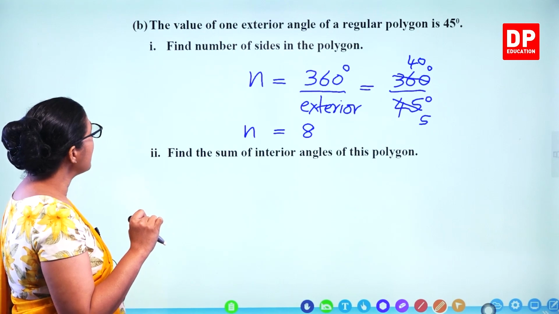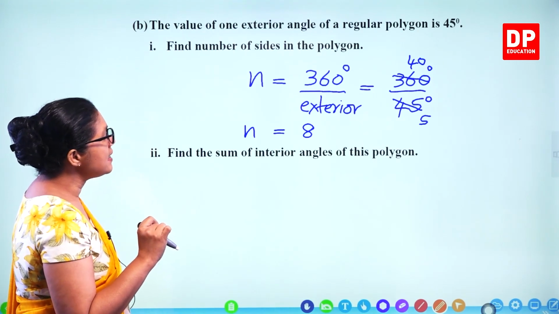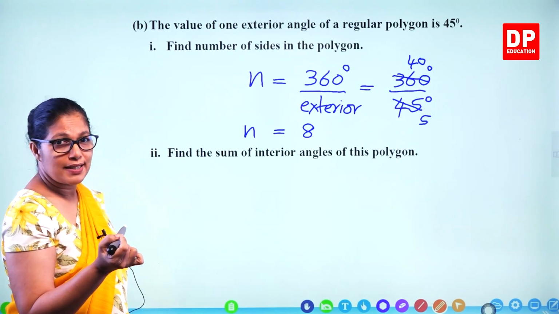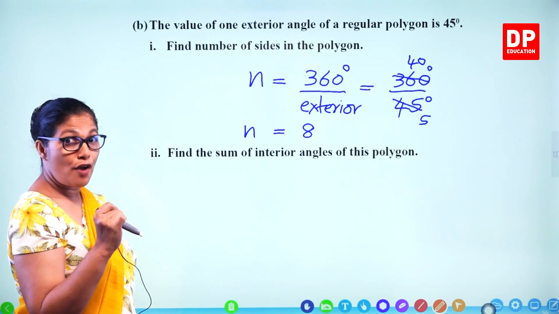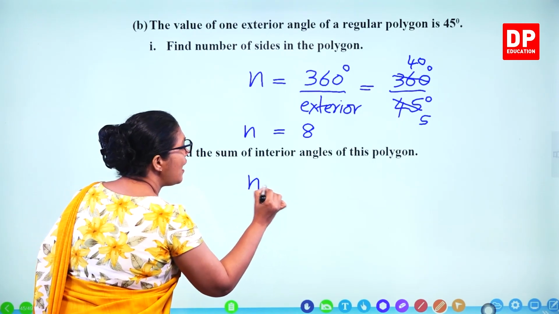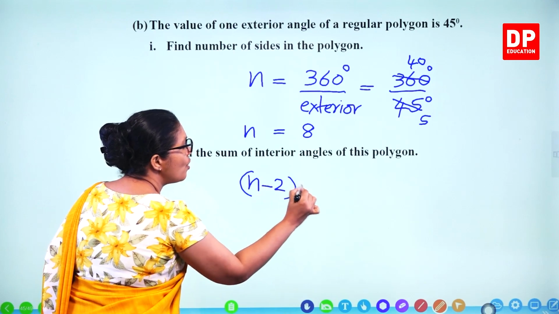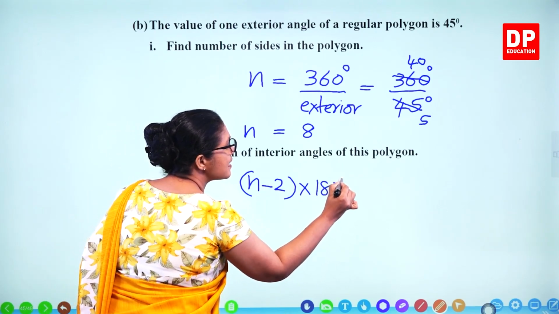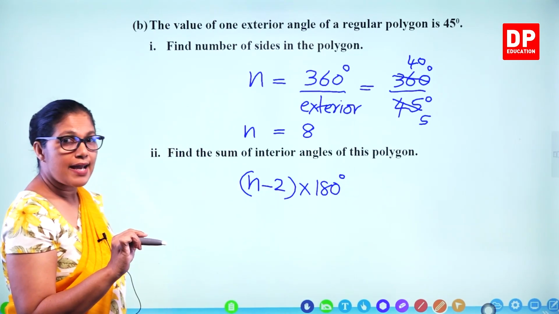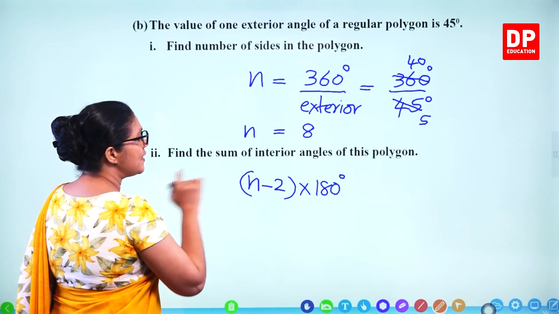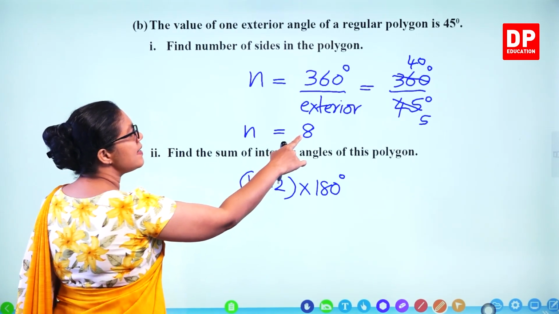Now let's take the second part. Find the sum of interior angles of this polygon. So what's the sum? We already know. What's the formula? n minus 2 into 180. That's the sum of interior angles of any polygon with n sides. n is 8 now.